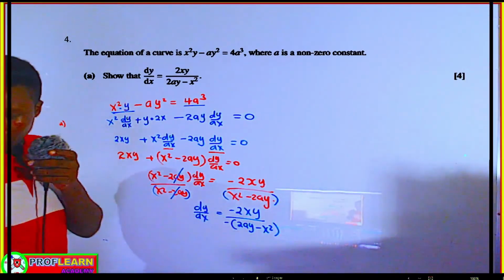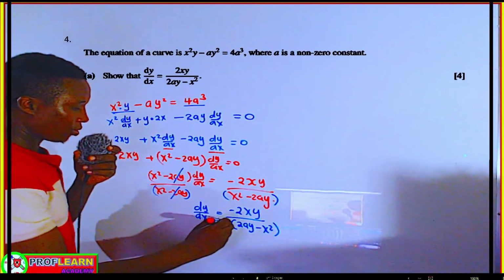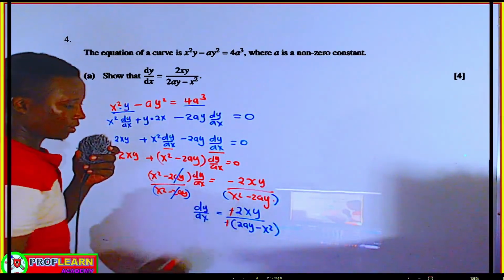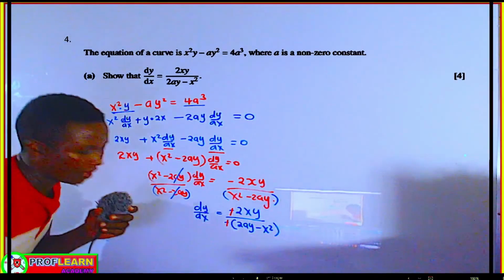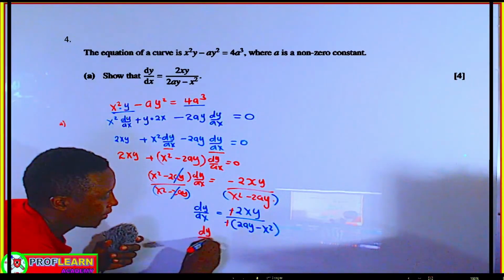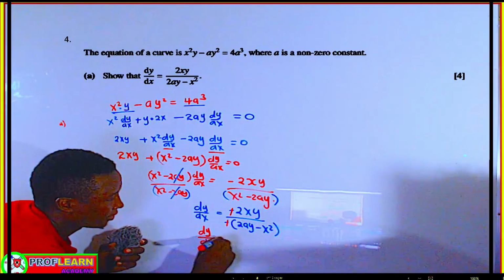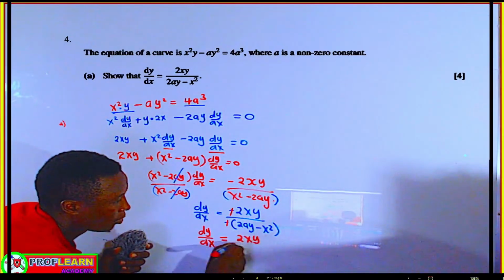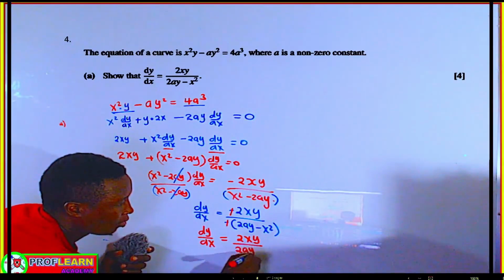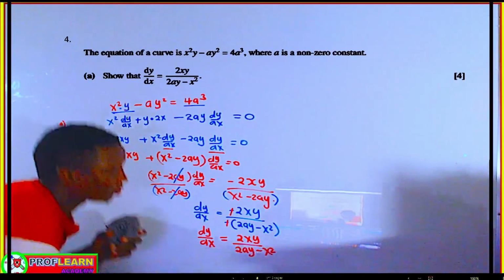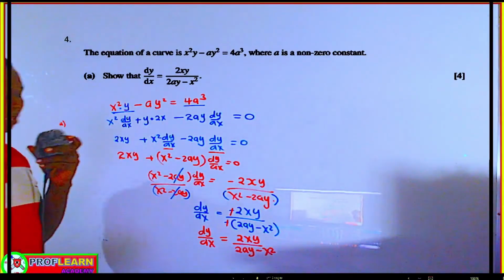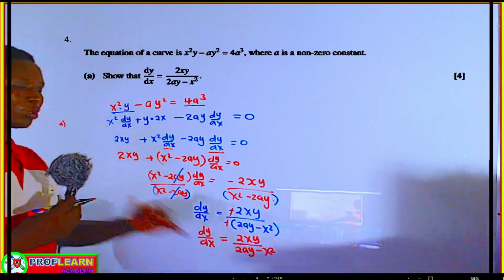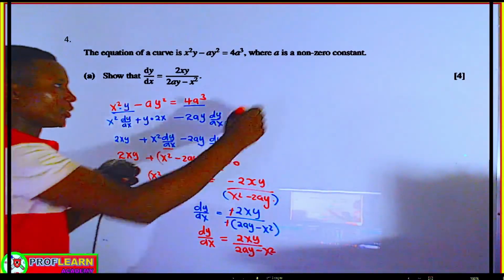So once you have introduced that negative, so that you can cancel with this, the final answer is going to be dy dx is equal to 2xy over 2ay minus x squared. And that is exactly what we were supposed to show as per the question.